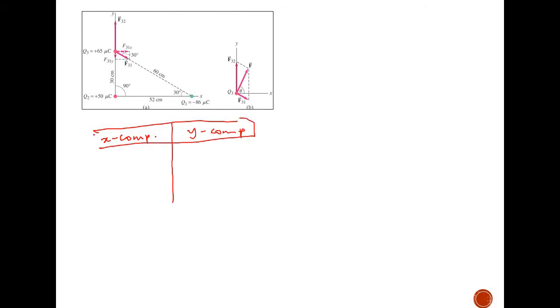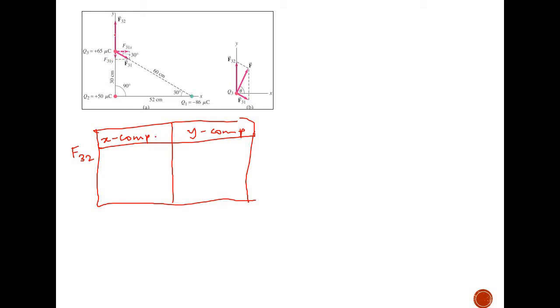Right, so for this question, you need to find two types of forces. The first one is F32. Obviously F32 is from the positive charges Q3 and Q2, so the force will be going upward.